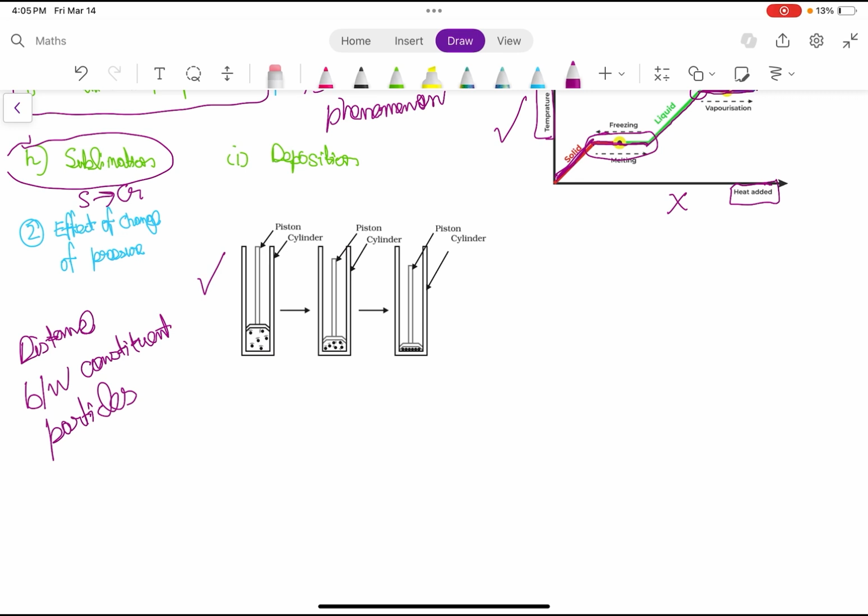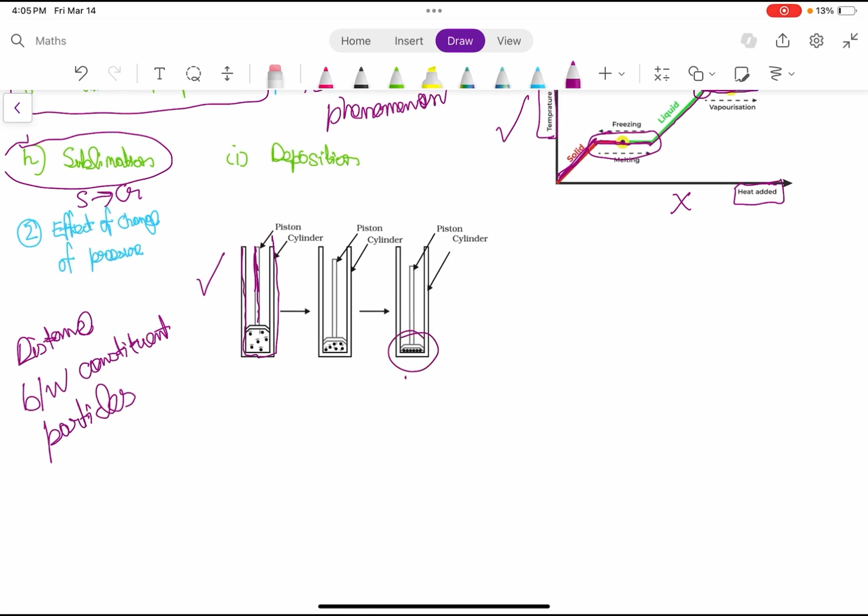In this figure, this is a cylinder and this is a piston. And we are applying pressure and reducing temperature. As the piston is moving downward, we are applying pressure and reducing temperature, and the gas is further liquefied.